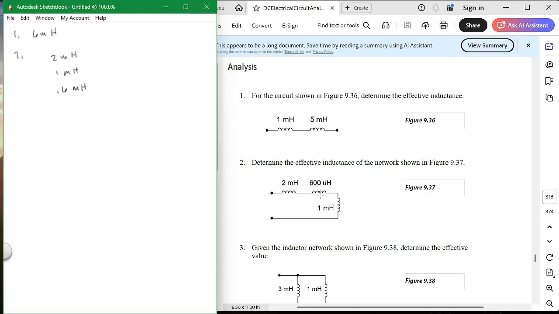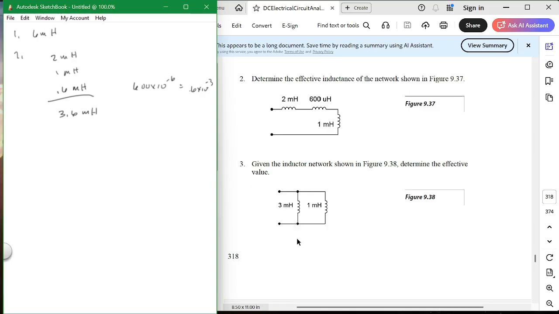Does everybody understand that 600 microhenries is 0.6 millihenries? 600 times 10 to the minus 6 is equal to 0.6 times 10 to the minus 3. Any questions? Does that make sense? All right, so that's why you do that. So what do you get? 3.6 millihenries. So that's that one. Okay, any questions so far?